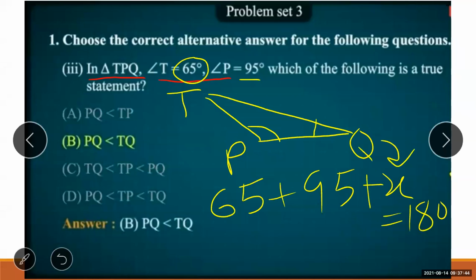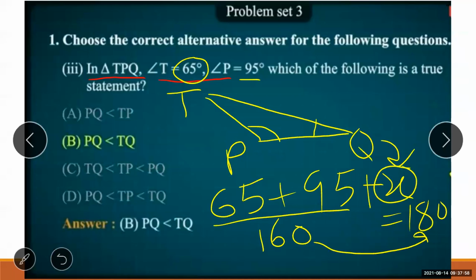So the sum of these numbers is 160, and 160 gets subtracted from 180 to find the value of x. That is 20 degrees. Okay, so angle Q is 20 degrees.